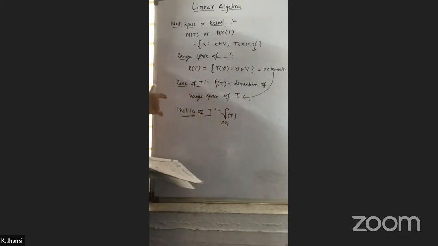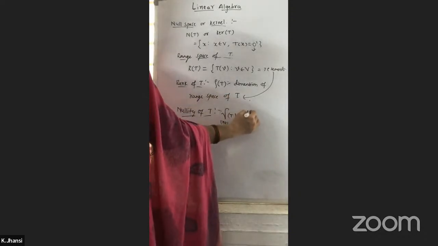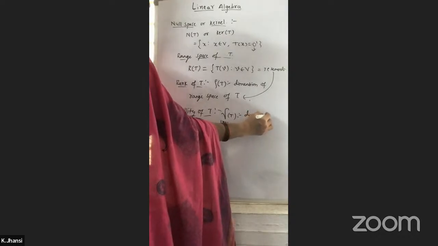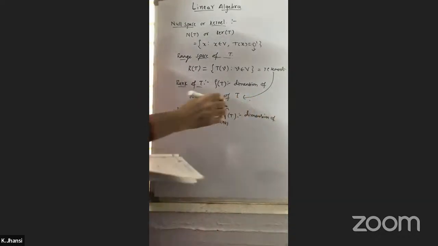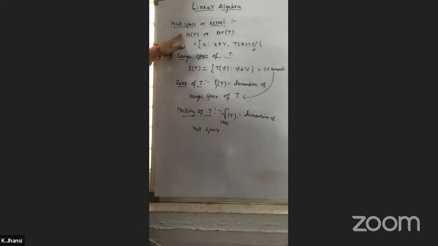Nu of T is denoted for the nullity of T, and it is defined as the dimension of null space. That means whatever the elements are there in the null space, that is called nullity. How many elements are in the range space, those are called rank of T. Okay, these definitions are important for solving the theorems and also for solving the problems.